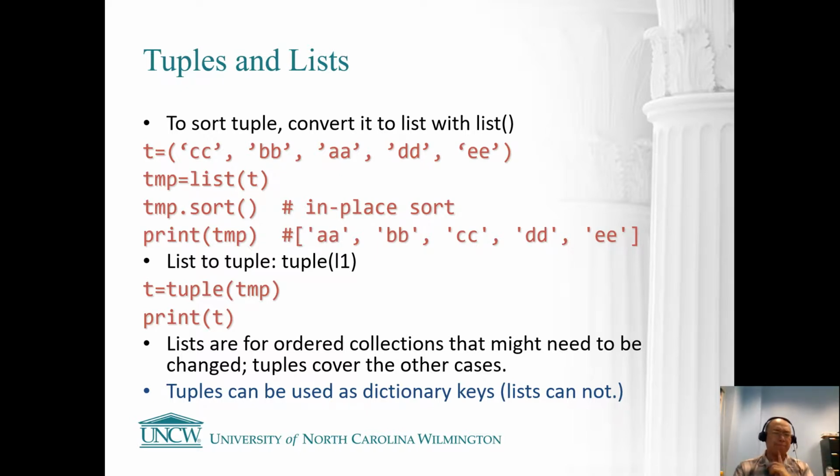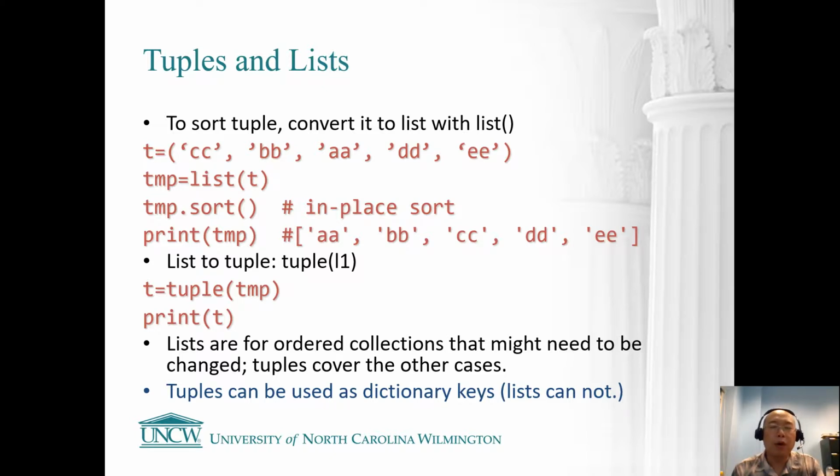Okay, so here is another question. Why do we want to have tuples then? Because there are a lot of things we cannot do with tuples. So it seems that our hands are tied when we are using tuples. So why do we have to do so? Well, there are several answers to this question.